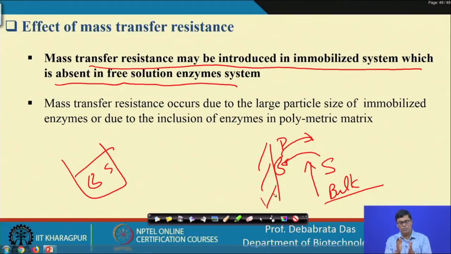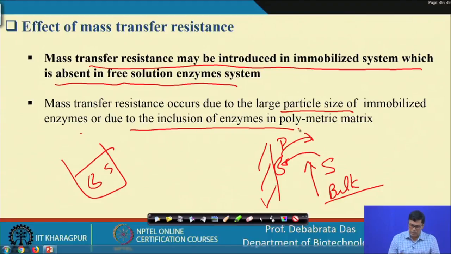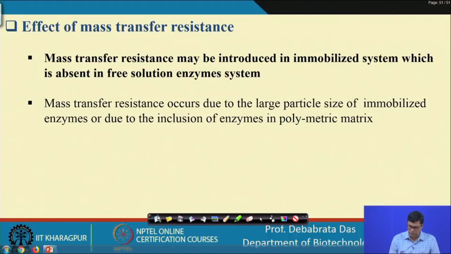Substrate has to diffuse onto the surface of the solid matrix, then the reaction takes place, and after the reaction is over, product has to diffuse to the bulk. The mass transfer resistance occurs due to the large particle size of the immobilized enzyme and due to inclusion of the enzymes in the polymer matrix.